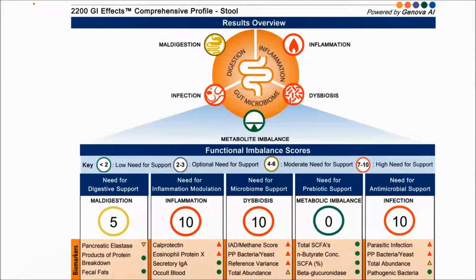Again, the point of today is not for me to go over every detail of the results, because this is just a sample report that isn't consistent with any one patient.